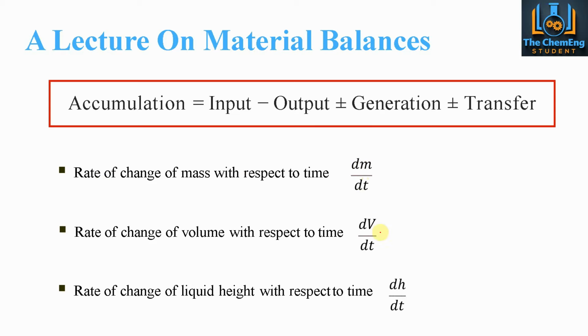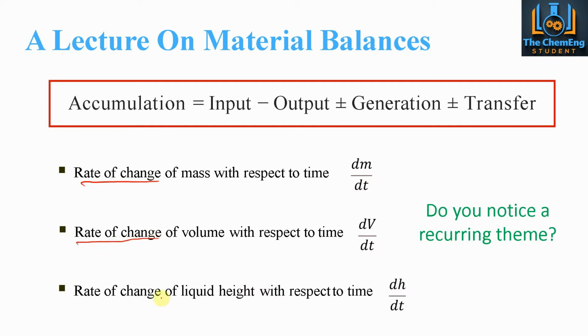And then we can have a change in the liquid height with respect to time. So dh by dt. Now the question here is, do you notice a recurring theme here? And the answer should be yes, because the accumulation term is a rate of change. So right away in mathematics, you should be thinking calculus, differentiation, integration.